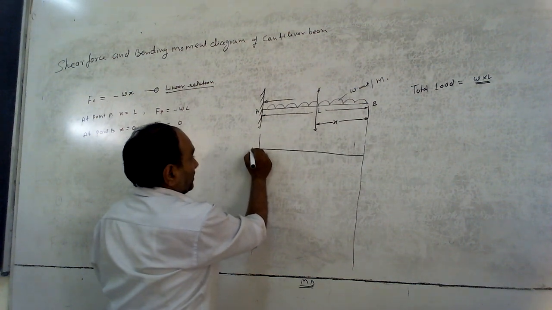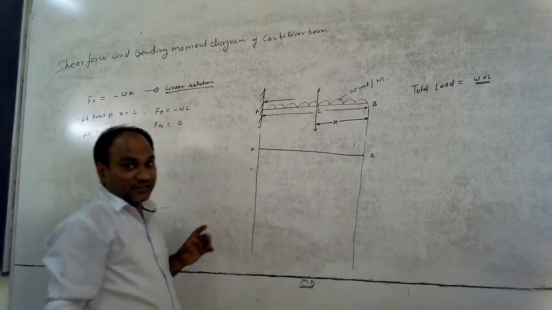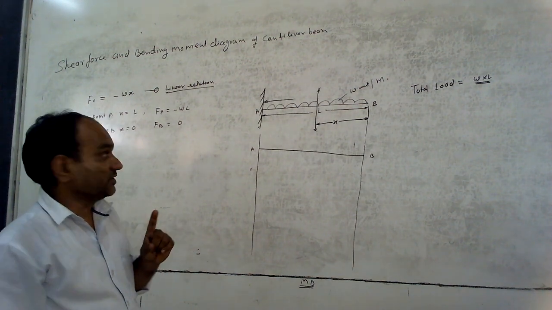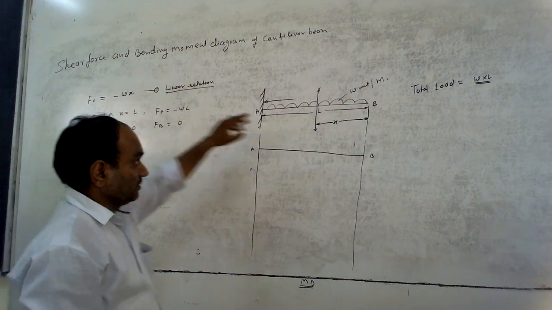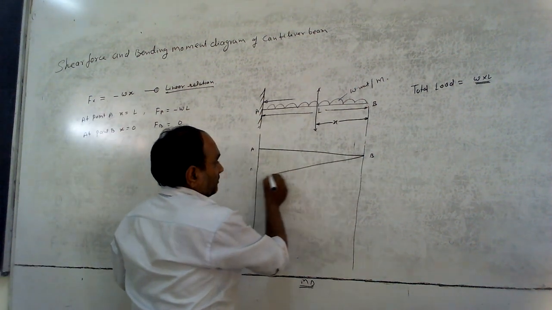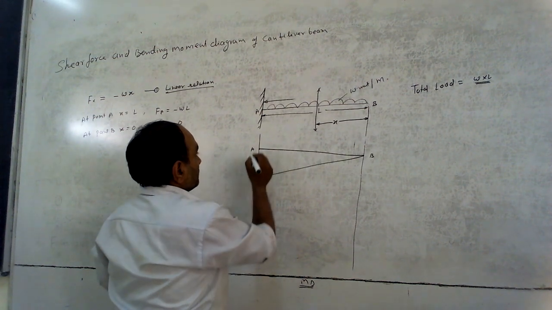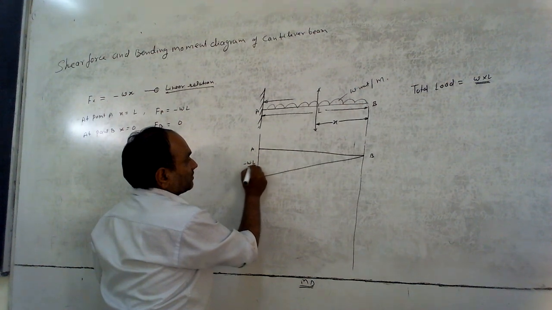This is A and this one is B. Shear force is 0 and there is a linear relation between the force and load. Value of shear force at point A is minus W into L.